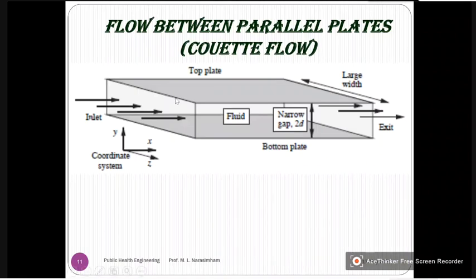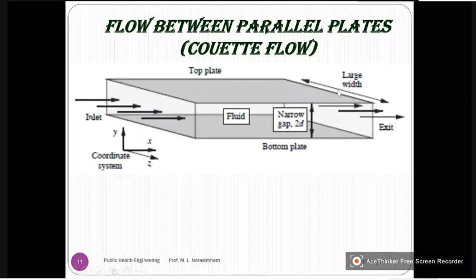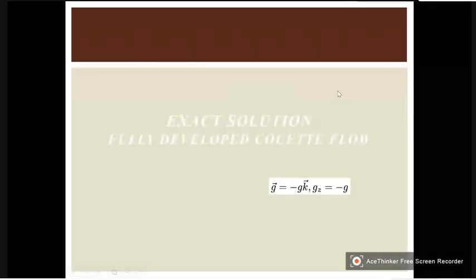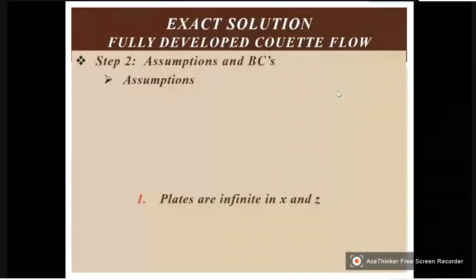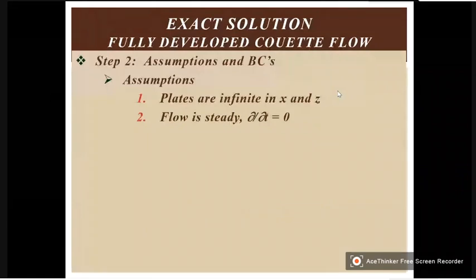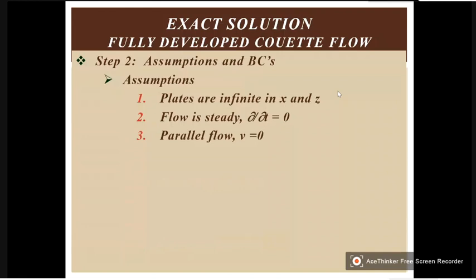See, it is a long plate in x direction and in z direction. Then flow is steady. So this is one assumption we are going to make. That means we are going to solve the problem for a steady flow. Then parallel flow.